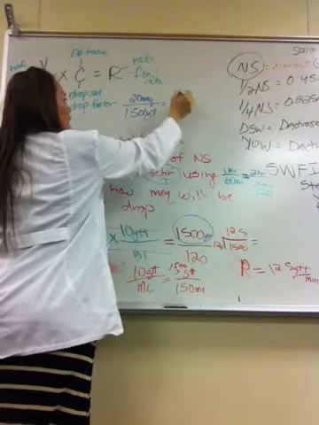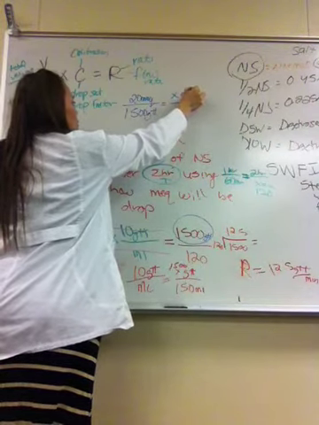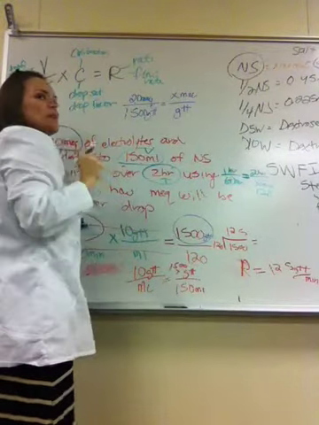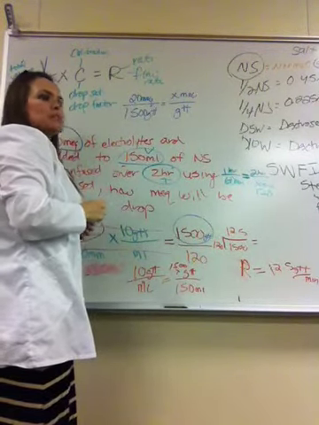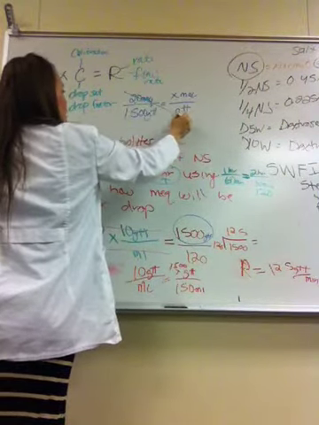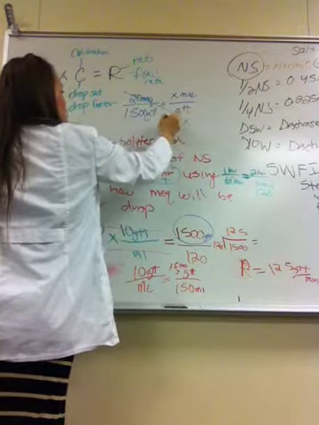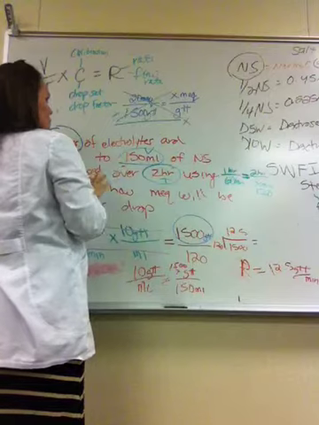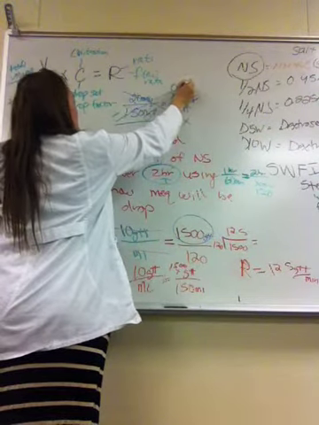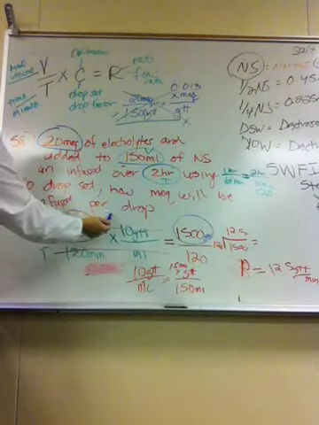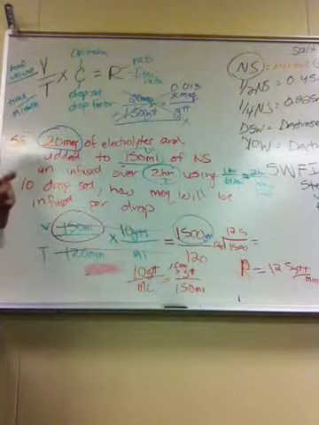So X MEQ per 1 drop. It's going to be a tiny amount, like 0.0 something. 20 times 1 drop divided by 1,500 drops is 0.013 MEQ of medication that is going to be infused for every 1 drop that comes out of that IV bag.